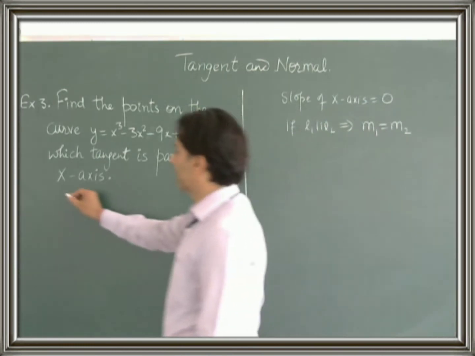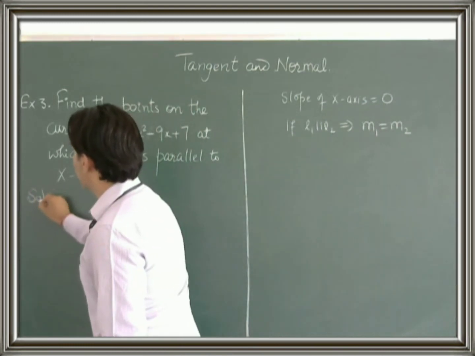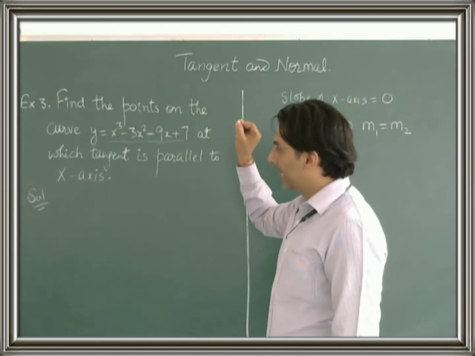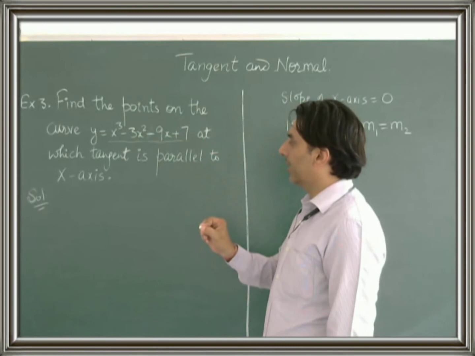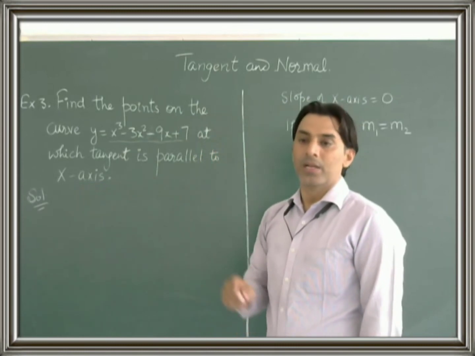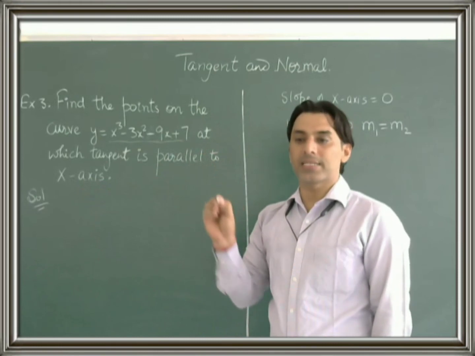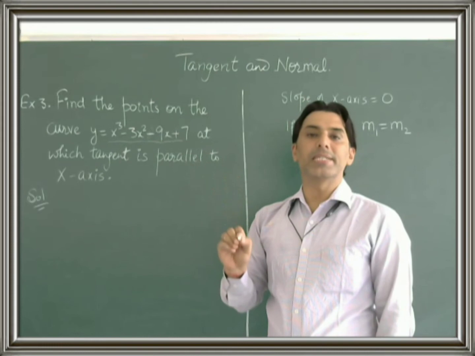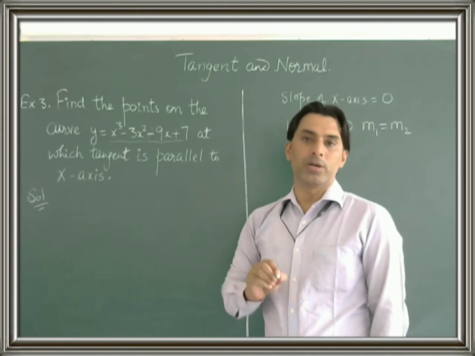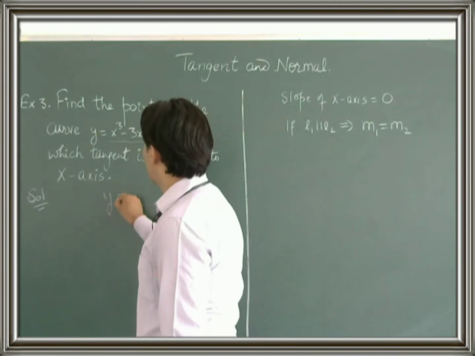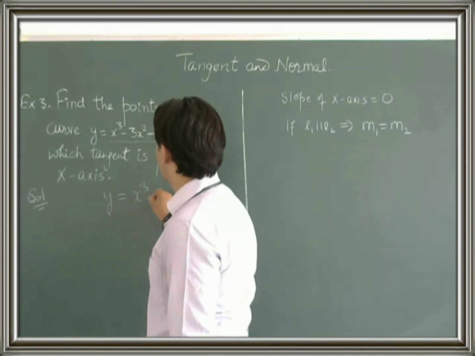Now see the question once again. They are asking me इस कर्व पर हम किस पॉइंट पे टेंजेंट ड्रॉ करें जो टेंजेंट्स आपके एक्स एक्सिस के पैरेलल हो जाएं. Tangent is a line, x-axis is also a line. अगर वो दोनों पैरेलल होंगे, that means उनका स्लोप equal होगा. Fine. So let me find the slope of the tangent first of all.